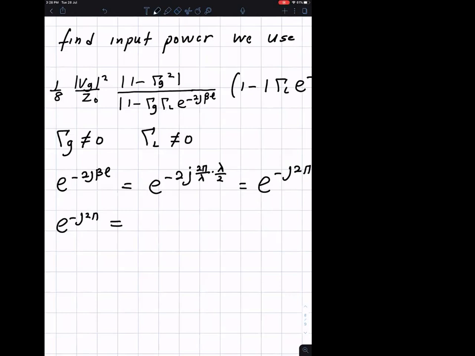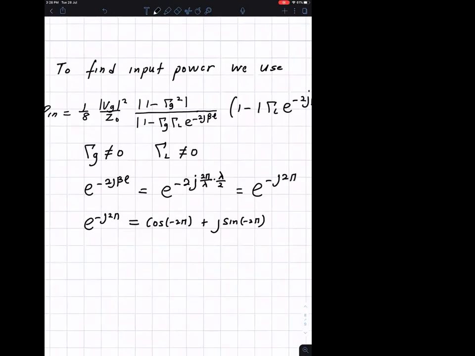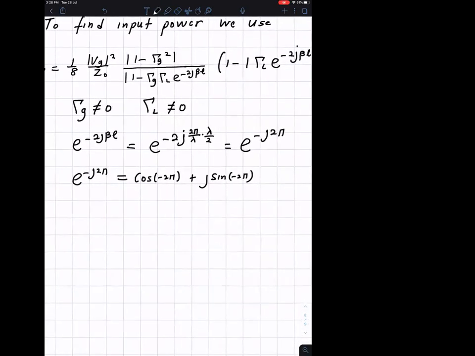If you use Euler's identity, this is cosine of minus 2 pi plus j sine of minus 2 pi. Sine 2 pi is always 0, isn't it?